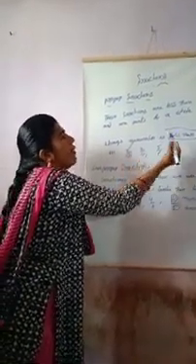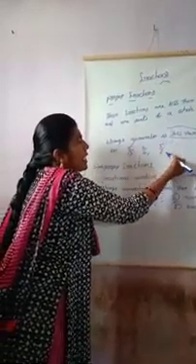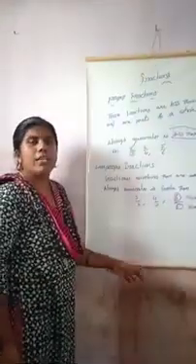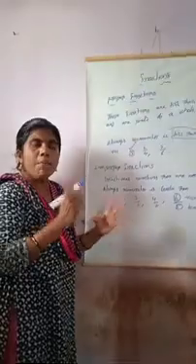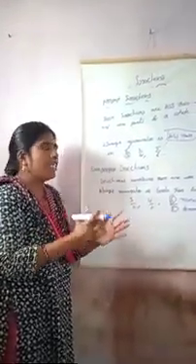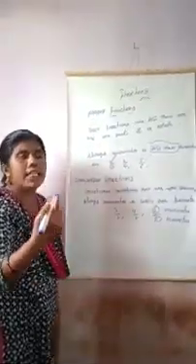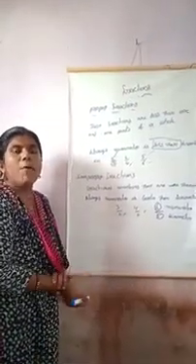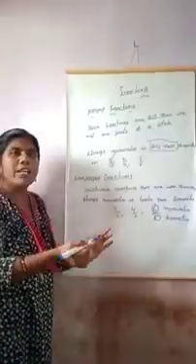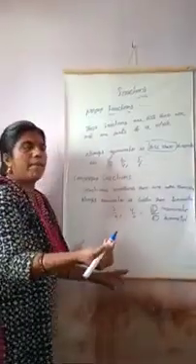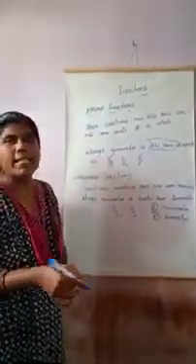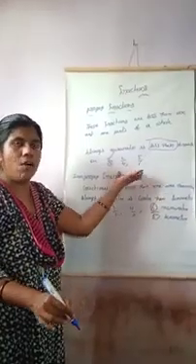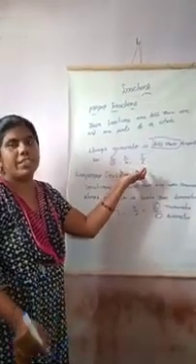Is it clear? 5 is the numerator, 6 is the denominator. What is a proper fraction? A fraction whose numerator is less than the denominator, the numerator being the smaller number and the denominator the greater number, is called a proper fraction.